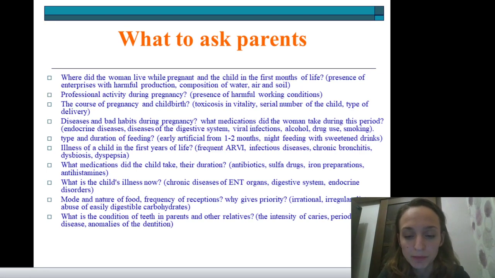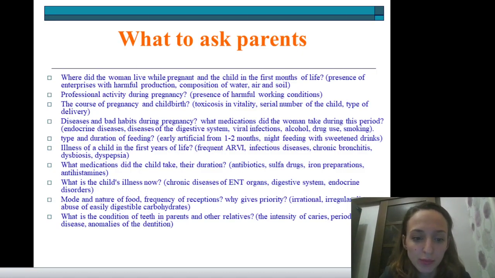What medication did the woman take during this period? Type and duration of feeding. Illness of the child in the first year of life. What medication did the child take, and for how long? Does the child have an illness now or not? Mode and nature of food, frequency of meals, and which foods are given priority?